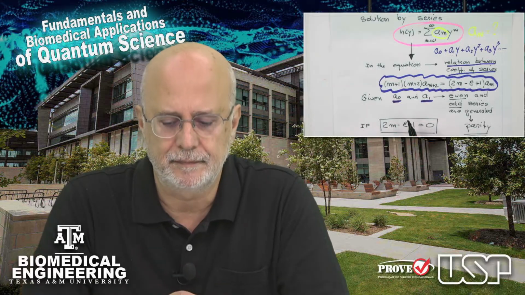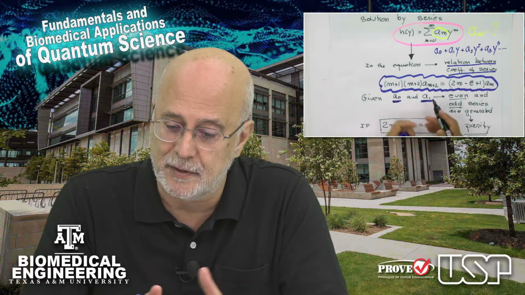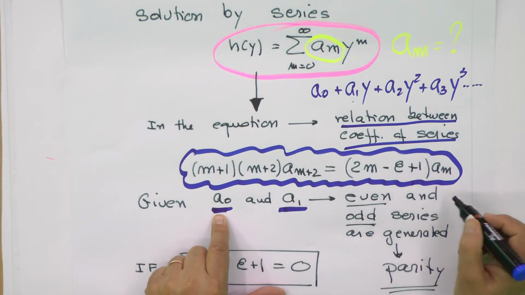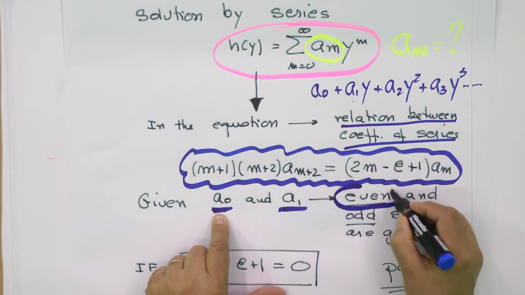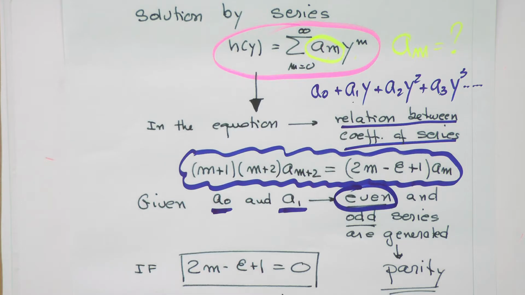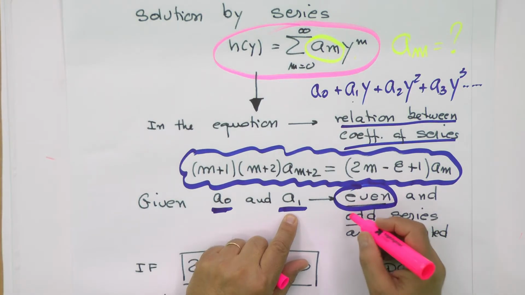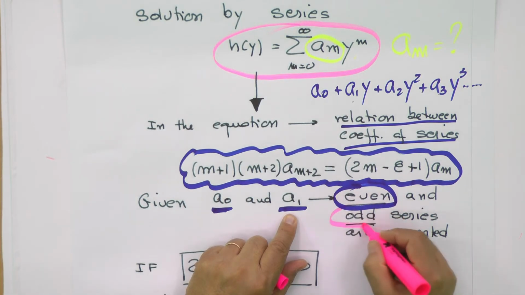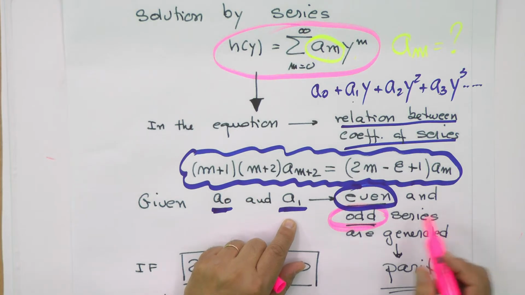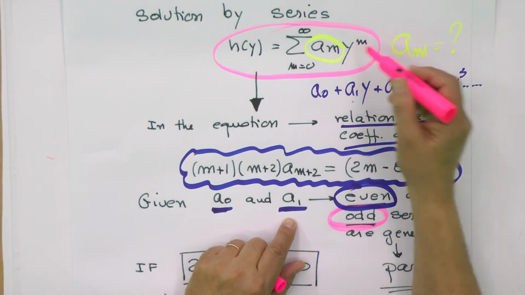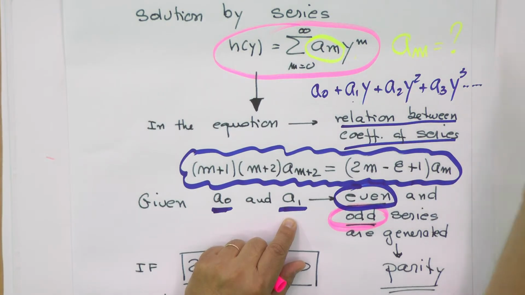I get the solution. And as you can see, when I know A0, I'm going to generate the even series, so all the terms will be even. And when I know A1, when A1 is not 0, I'm going to generate the odd series, so all the terms will be odd. I'm going to start with 1, 3, and then 3, 5, and so on.